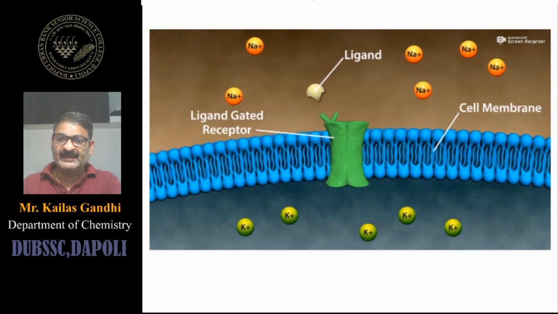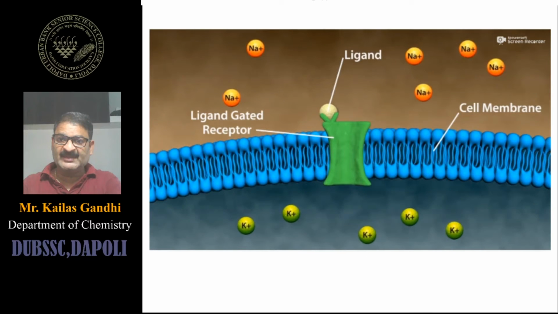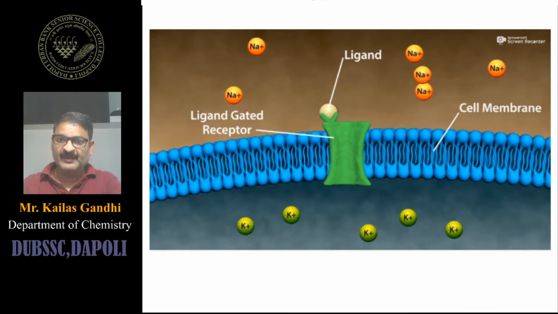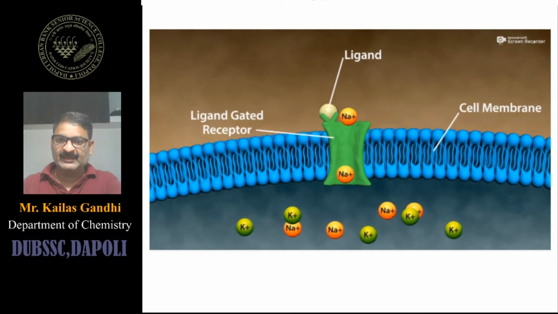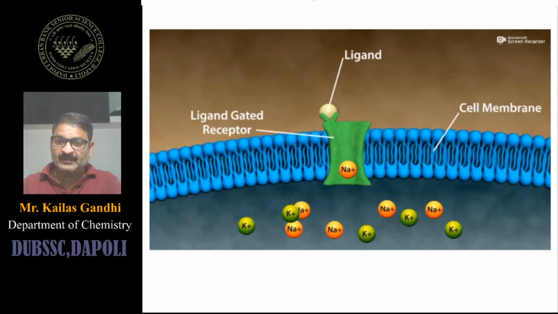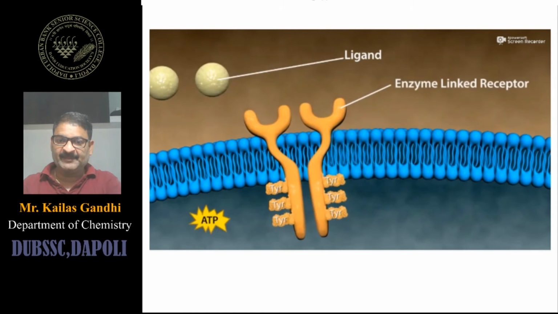The ligand gets attached to the receptor site, which opens the receptor's gate, and then sodium ions go inside the cell, which creates the electrolytic gradient. So this type of function is carried out by the ligand gated receptor.